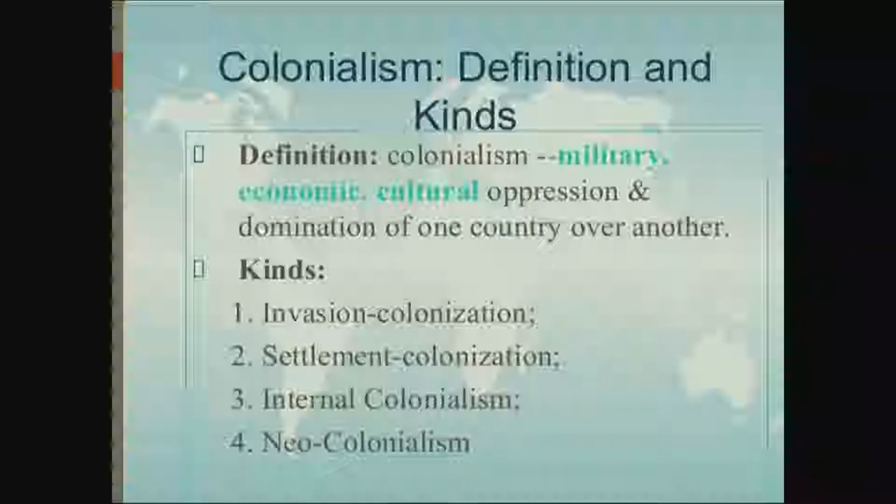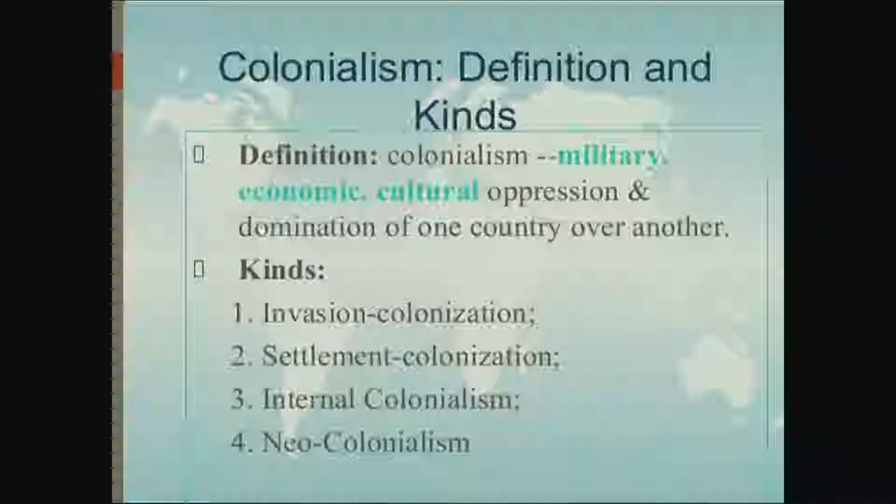They are not prepared. And as a result, from a distance, the same imperialist power is trying to use their own policies, is asserting themselves, and is trying to rule from a distance. This is neo-colonialism.